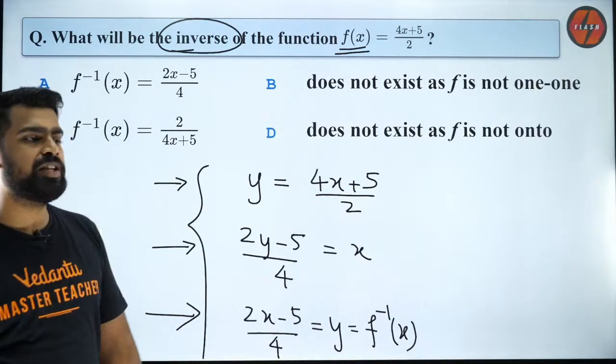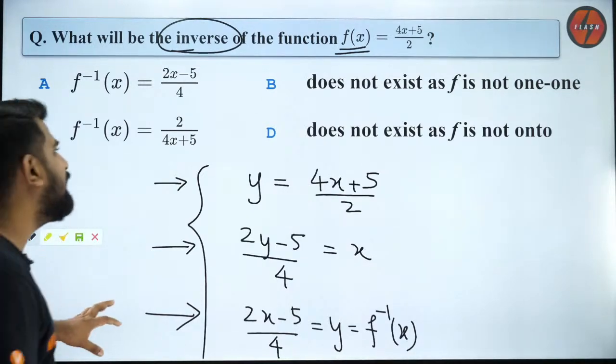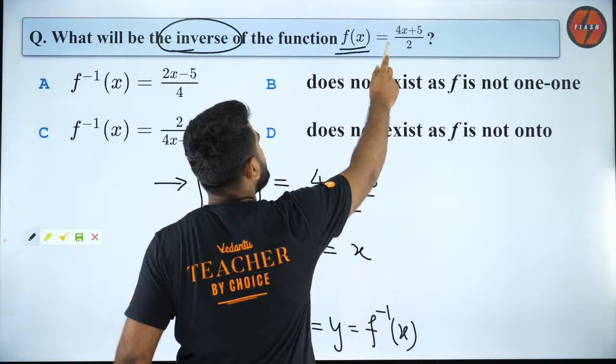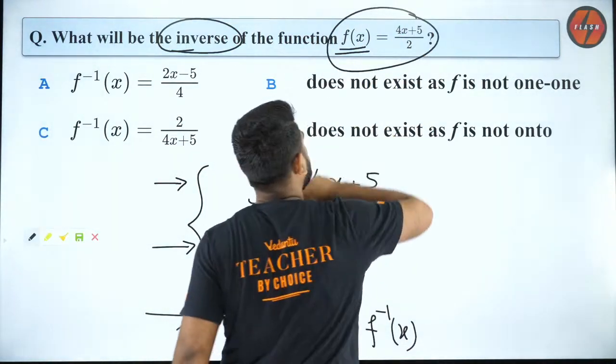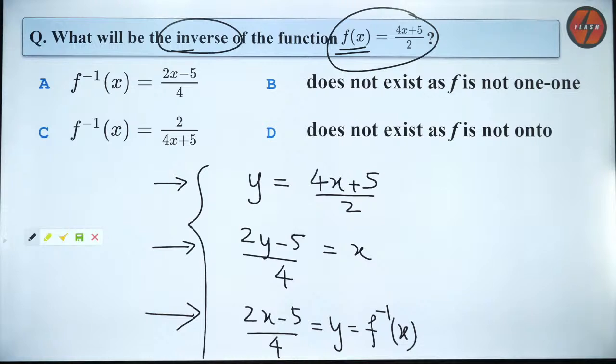So this is the procedure you follow for finding out the inverse of any function, and this works very well for linear functions and a few more examples. But when you have quadratic, when you have a higher degree expression, you have to be a bit more careful. Okay, so this is the working strategy.